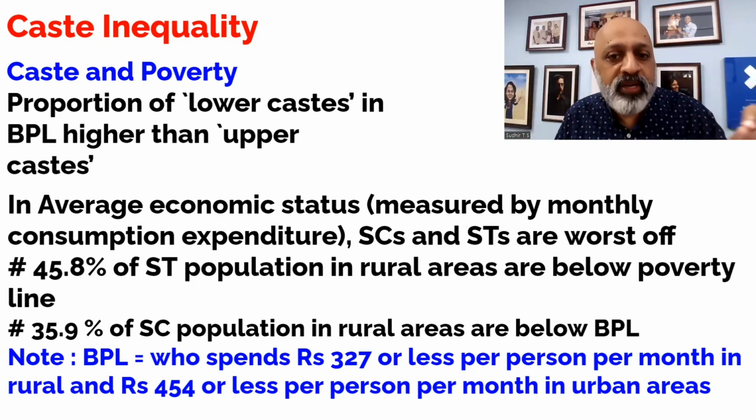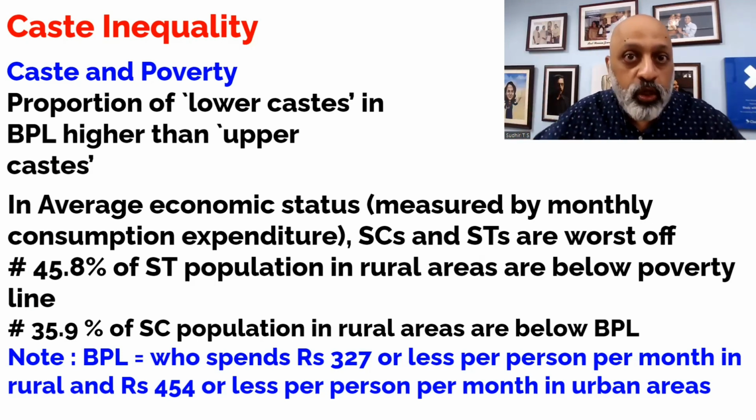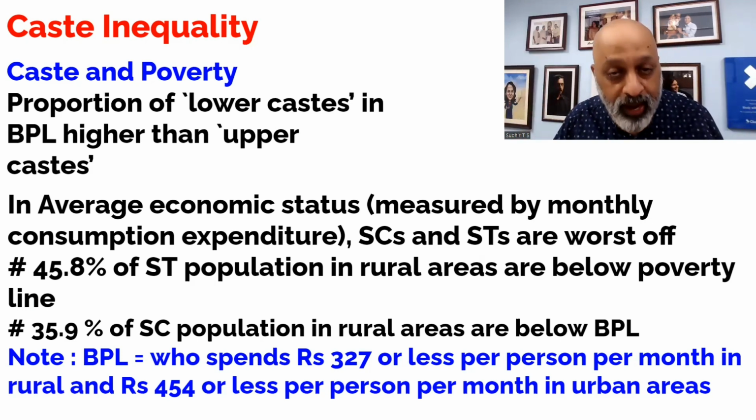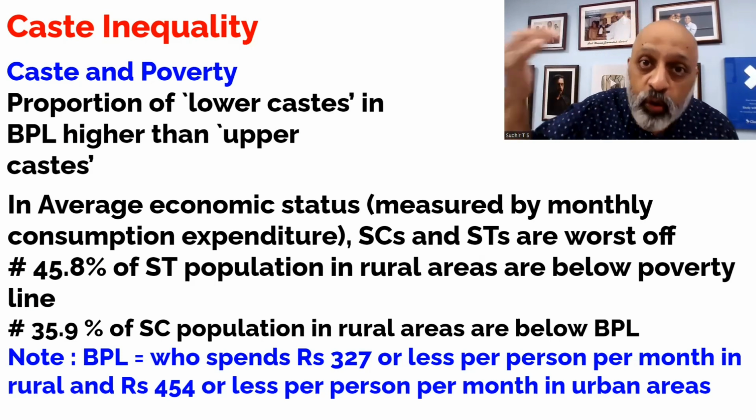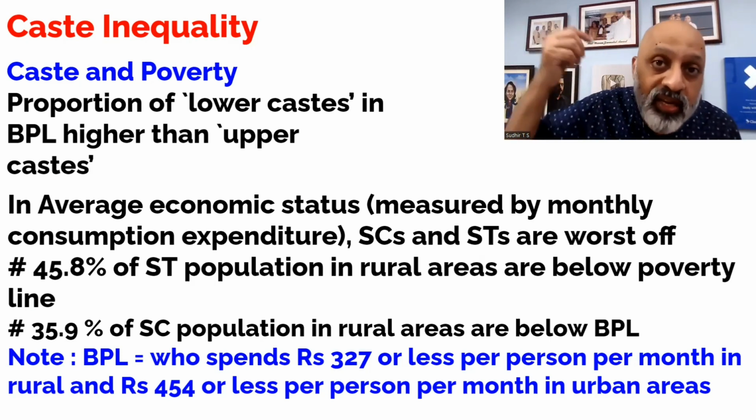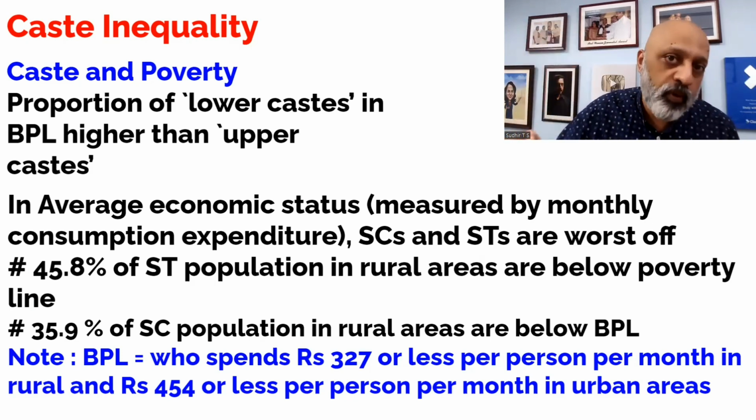In average economic status, which is measured by the monthly consumption expenditure, how much you consume and spend, the SCs and STs are worst off, because 45.8% of the ST population, this is from the NCERT textbook, that is the Adivasi population in rural areas, is below the poverty line, which is almost 1 in 2 Adivasi in rural India.